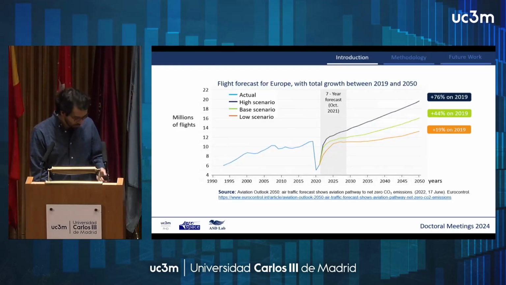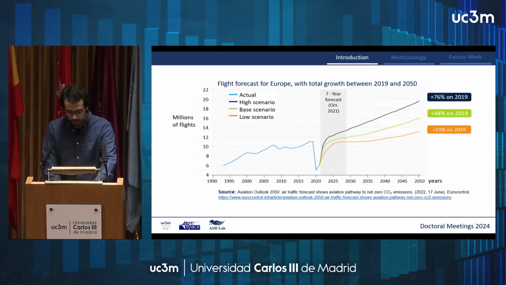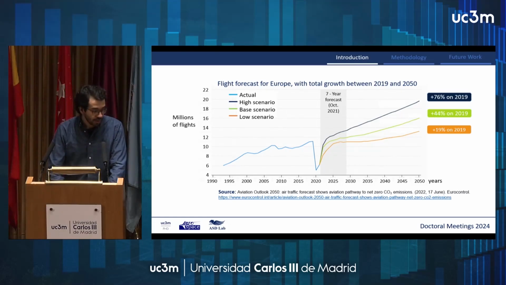Okay. So basically, my work will be centered around strut-braced aircraft wings, one of the driving factors for this configuration being the stricter regulations regarding environmental rules and noise standards in the future.